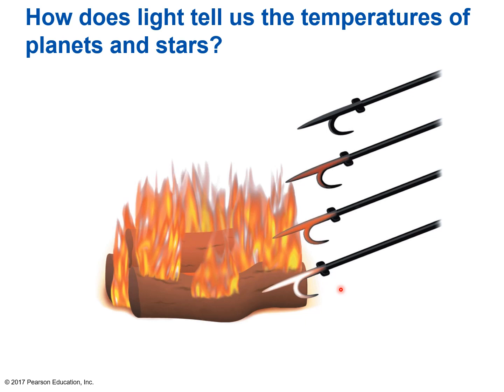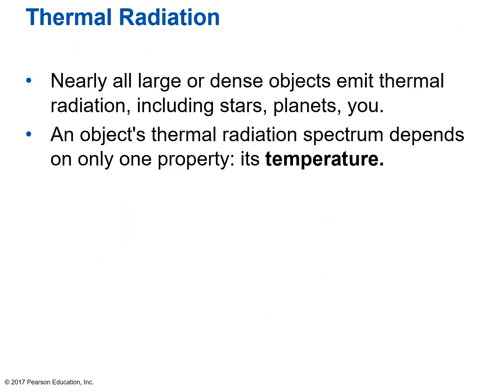And stars are very similar to that. Their color tells us about their temperature. And this gets into the topic of thermal radiation. We talked about thermal energy early in chapter 4 when we were looking at energy levels. Thermal energy has to do with the atoms that are moving around, the average kinetic energy of the particles.